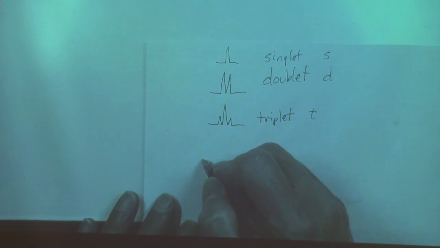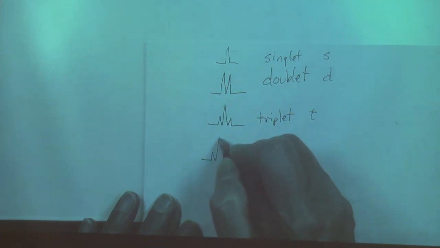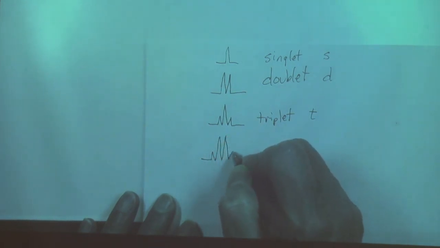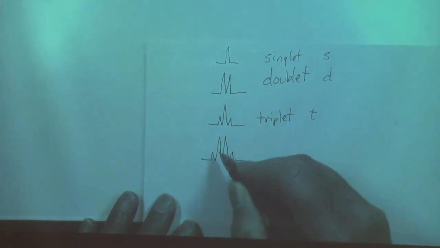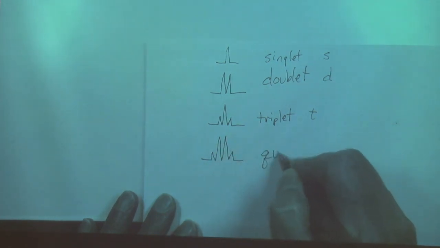The next pattern you would see is 1, 3, 3, 1, which is a quartet.